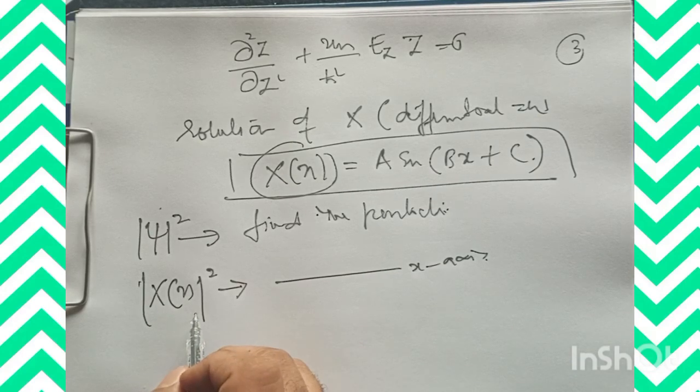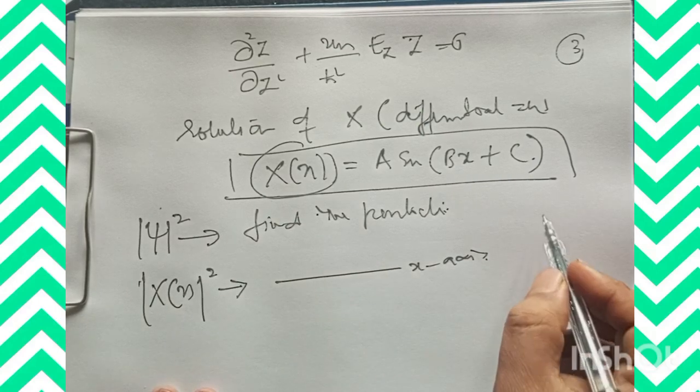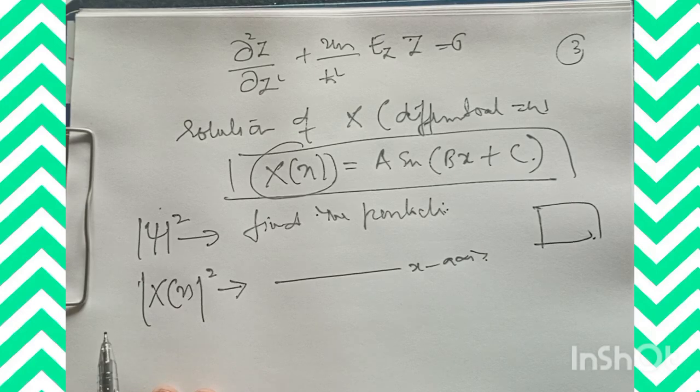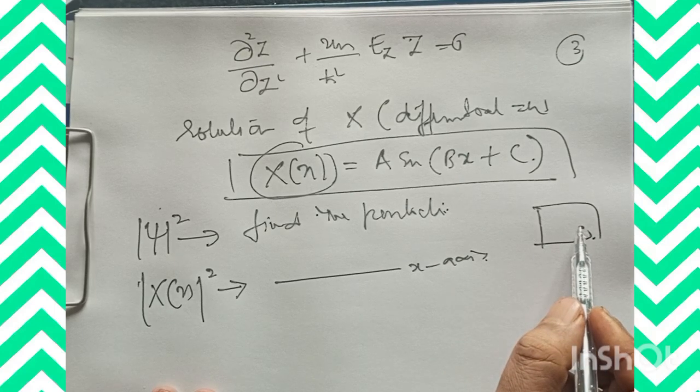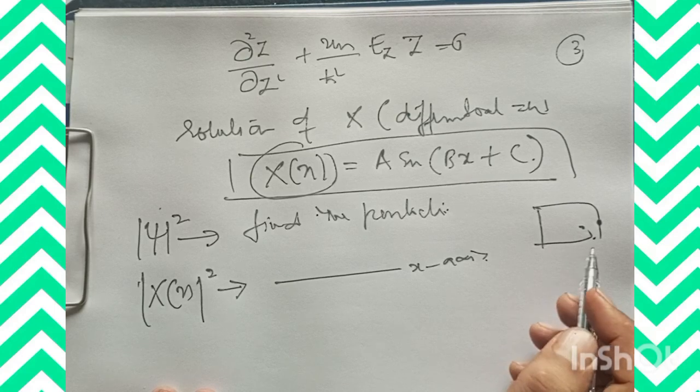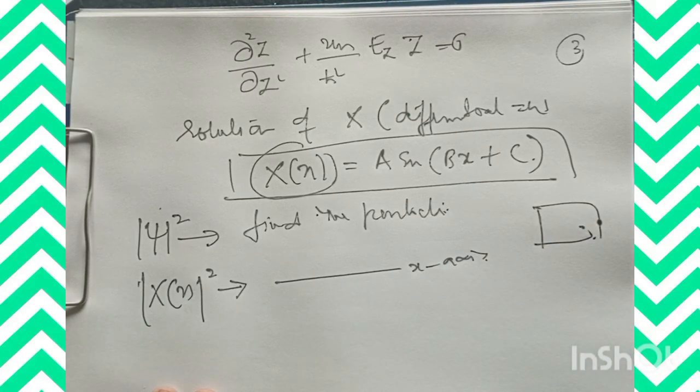And the potential at the walls is very high, and the probability of finding the particle at the wall will be zero, because the potential of the wall of the box that we have considered is extremely large.